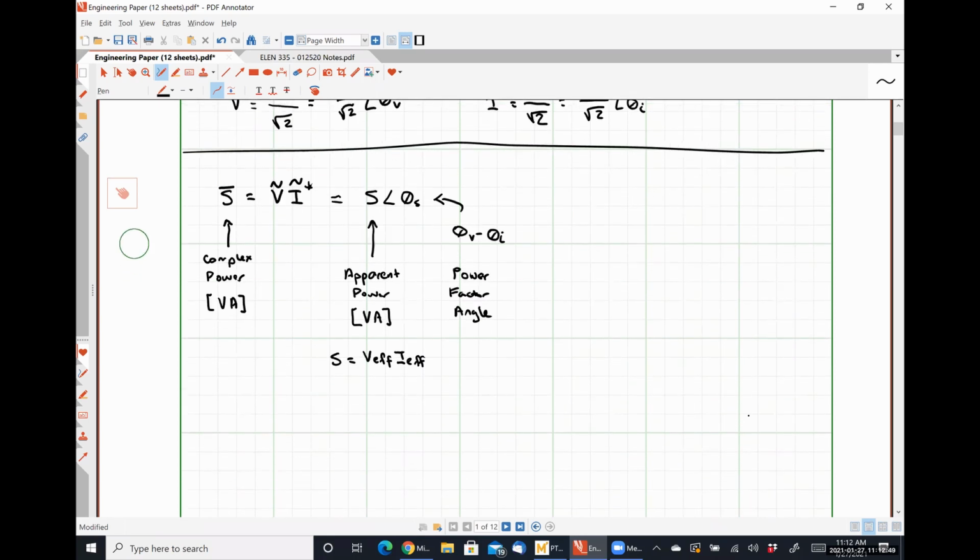All right. So over here, I'm going to draw a picture. I'm going to say that I have some complex power that is not remotely a straight line.